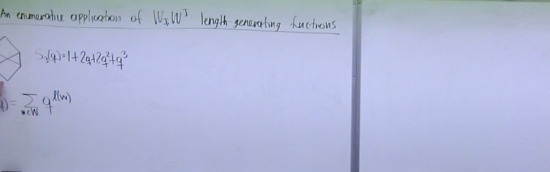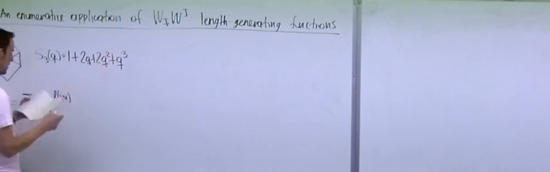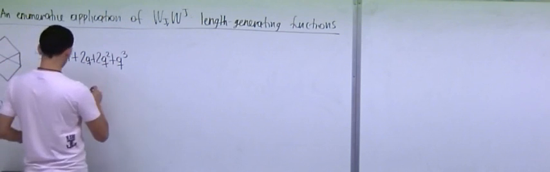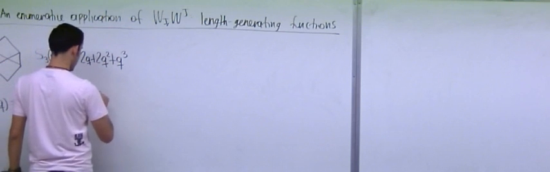So in this case, this would give me Q to the 0 plus Q to the 1 plus Q to the 1 plus Q squared plus Q squared plus Q cubed. And so basically, if I can compute this function, then I know exactly how many elements there are in each rank. So this is called the length generating function, or you might also call it the Poincare series.